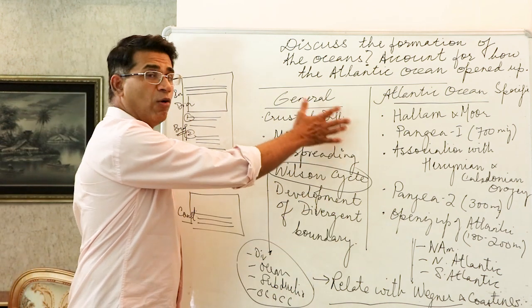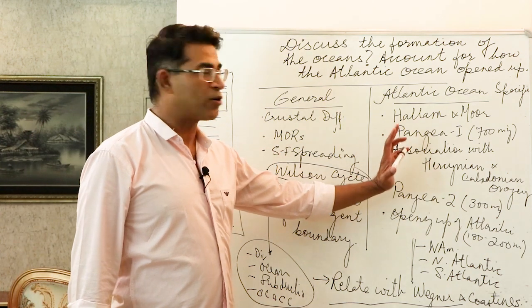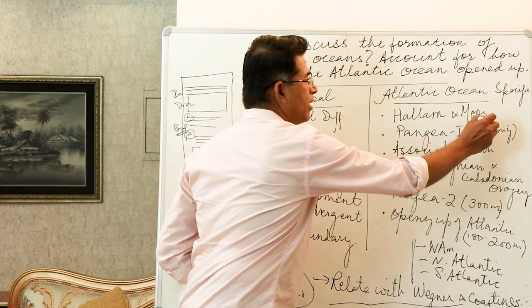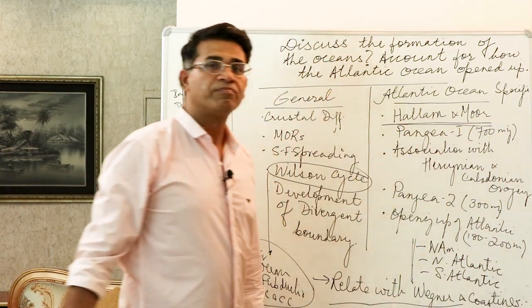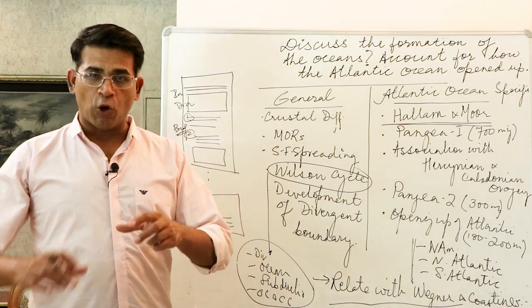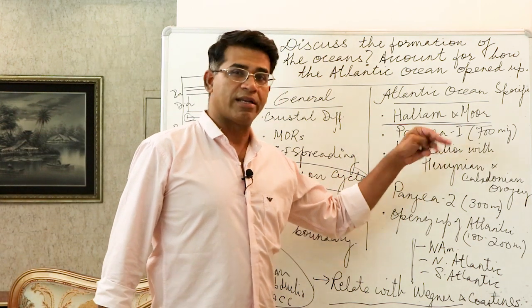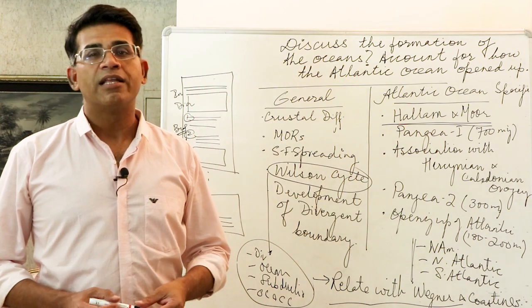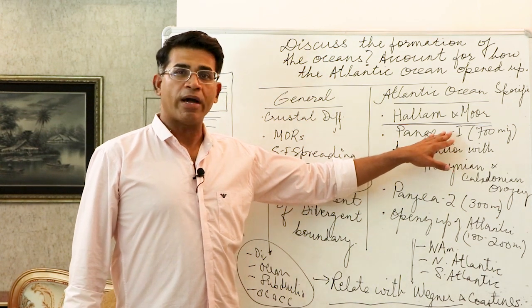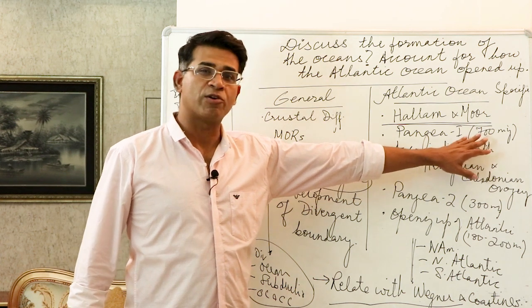So these are the more generic concepts. Now you have to transfer the concept into the Atlantic Ocean specifics. Hallam and Moore traced the exact development, expansion and opening up of the Atlantic Ocean. They say it starts with Pangaea 1, which some of you know as the supercontinent called Rodinia, in Precambrian times, 500, 600, 700 million years ago.